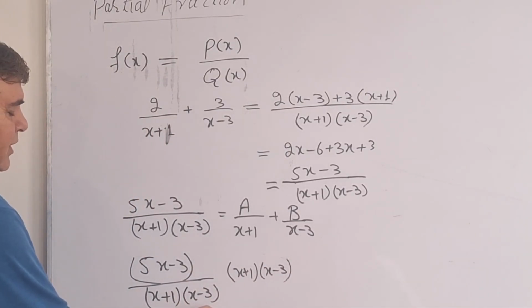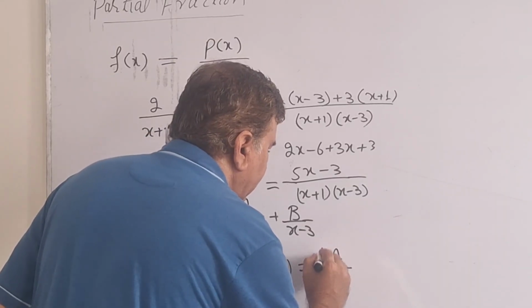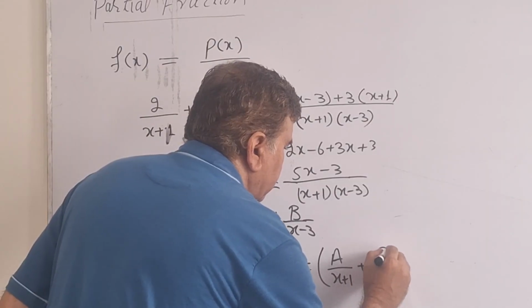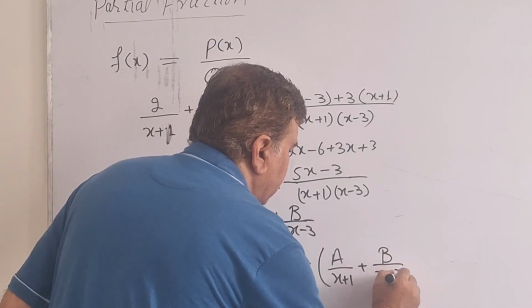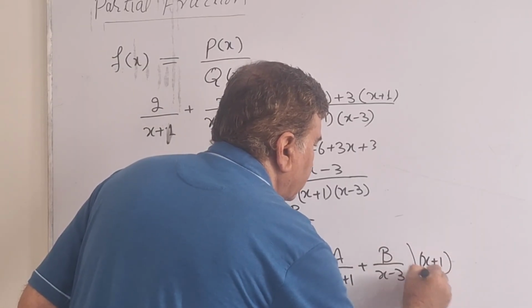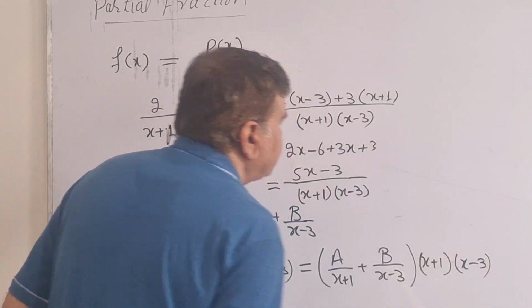This I do to the left side, and the same I repeat for the right side, by writing the right side like this, a divided by x plus 1 plus b divided by x minus 3, the whole multiplied with x plus 1 into x minus 3.